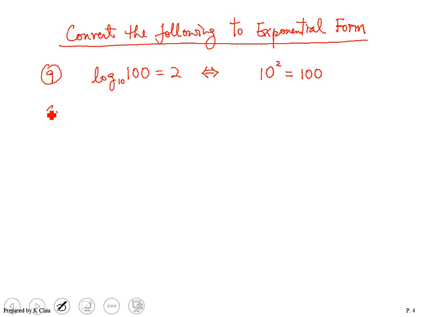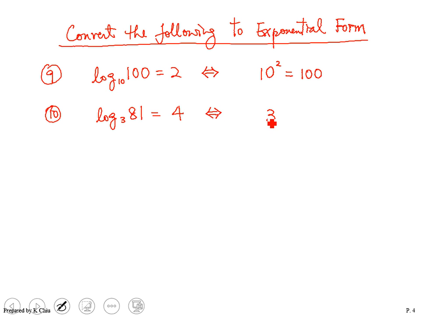How about another one, number 10? Log 81 with the base 3 equals 4. So now I want to turn it back into exponential form. What is the base? 3.